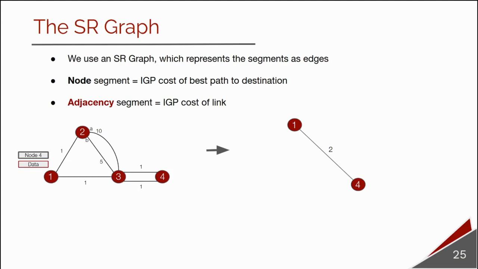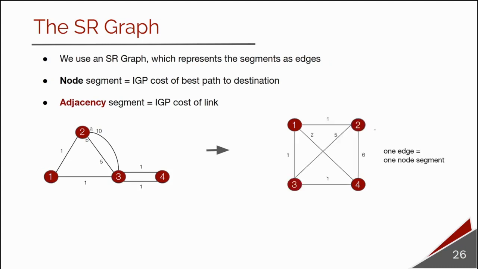So we add an edge from 1 to 4, which represents the node segment, and this edge will have a cost of 2, which is the cost of the path encoded by the node segment. We do this for all nodes, so in the end our SR graph looks like this, where one edge is equal to one node segment. And the weight is equal to the weight of the path it encodes.